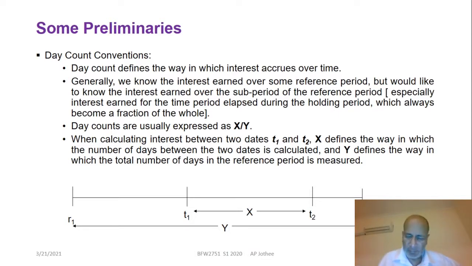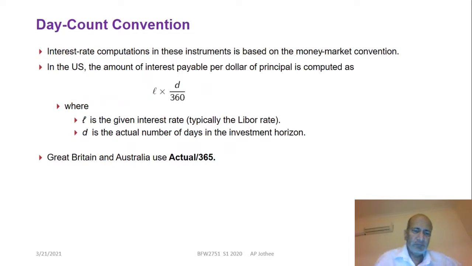Again, 1 year has a problem. Only in Great Britain and Australia we take it as 365 days. The rest of the world, America and other places, we take it as 360. For simplicity's sake, 5 days are off. Okay, interest rate computations in these instruments are based on the money market conventions.